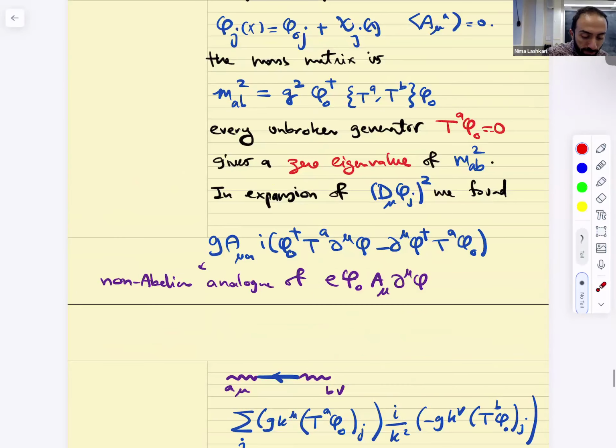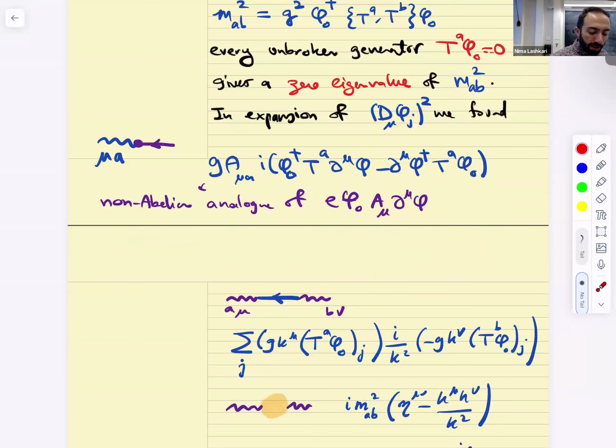So it contributes in the following way to the path integral. There's a TA associated with this, right? Good. There's P mu and TA in there.